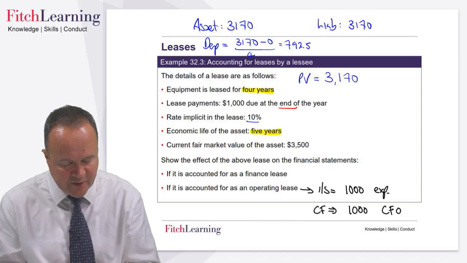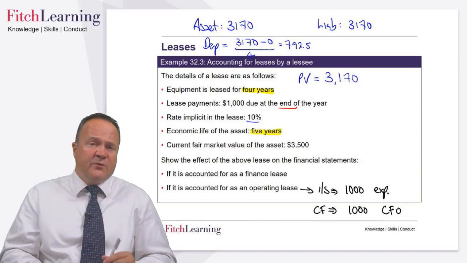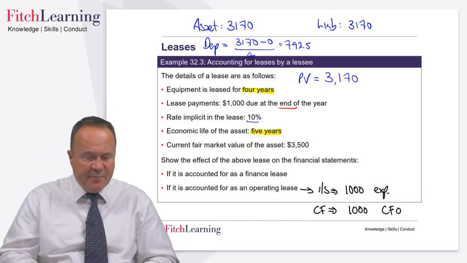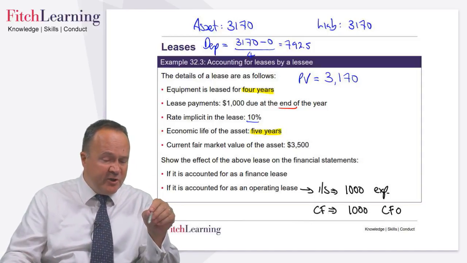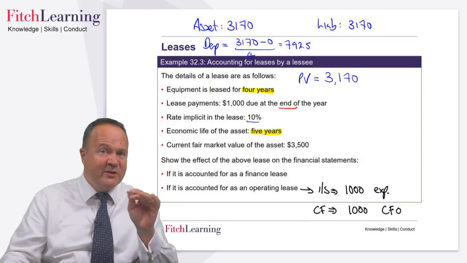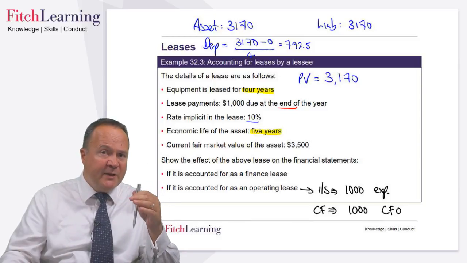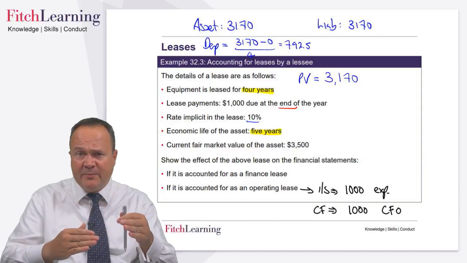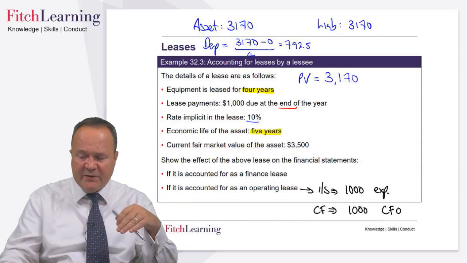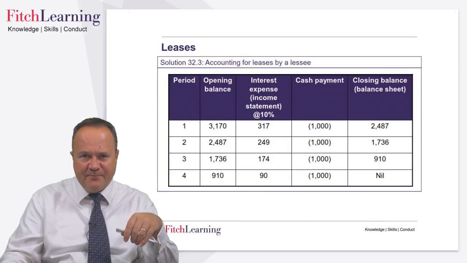So very, very simple for an operating lease. But it's the finance lease we need to think about. So we've got depreciation each year, 792.5. What we now need is to use the amortization function to pull out the interest expense. We need both of those to see how we account for it on the income statement.